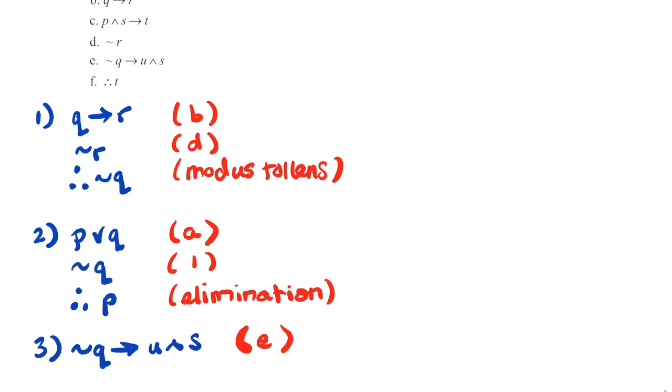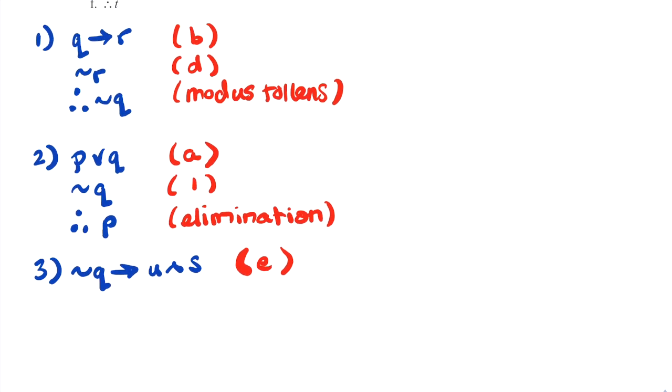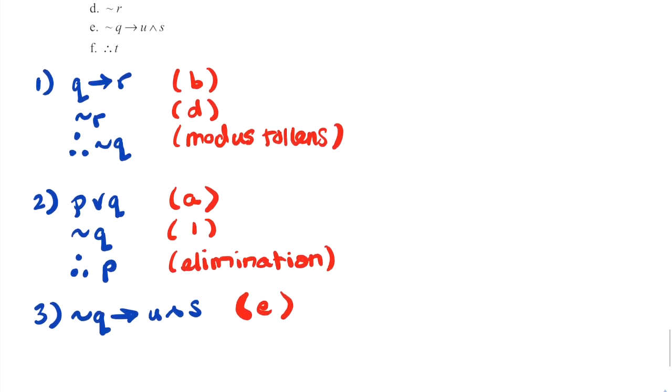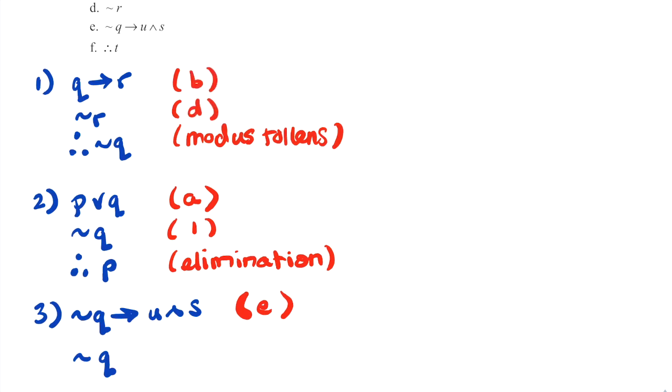All right, so let's check it out. I know it looks more complicated, but do you see that we have something implying something else, right? We also know by equation number 1 that not Q is true, right? So that was from equation number 1.